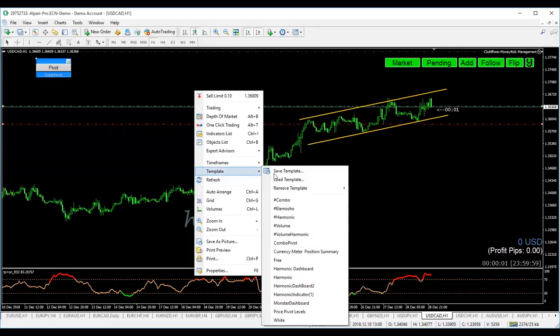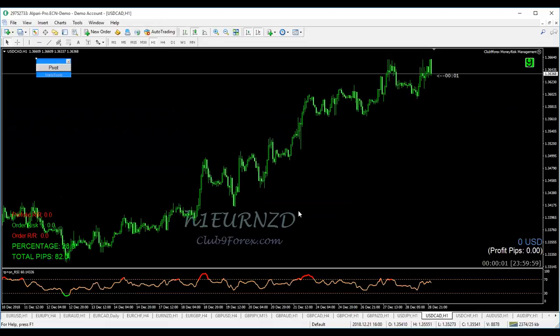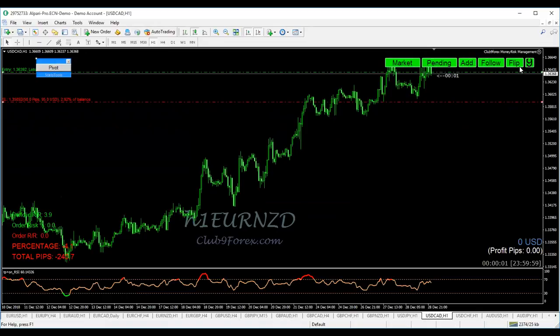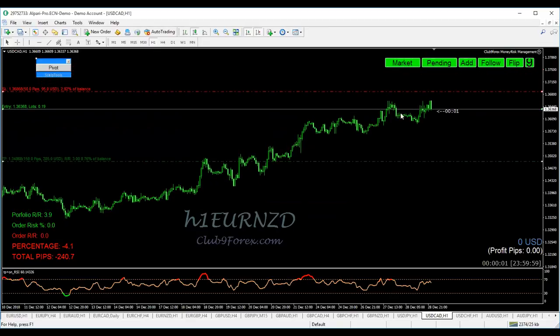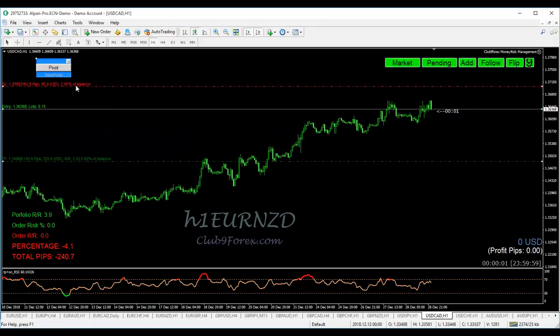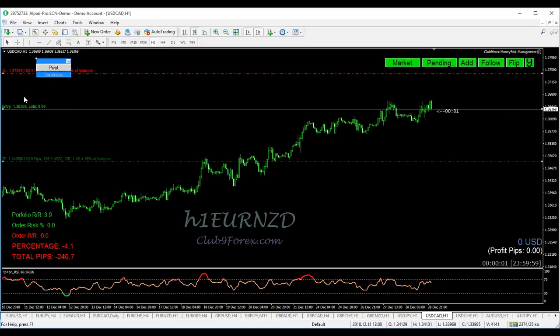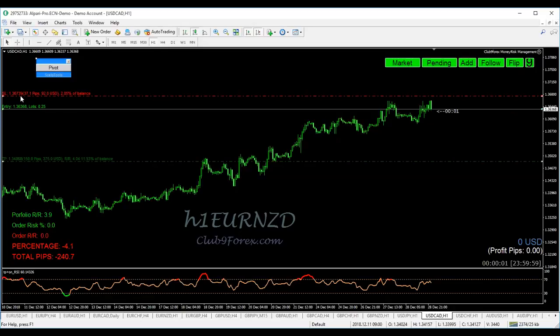Let me try to reattach it. So you realize that there's something moving. You see that each time I move the stop loss, the lot size keeps on changing. Look at this lot size. You see that the more you are increasing your risk, the lower your stop loss should be. The more you are reducing your risk, that means the lower your risk, the higher the stop loss should be.